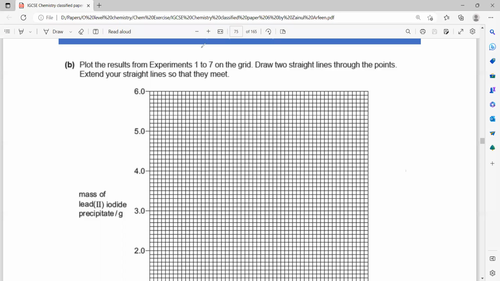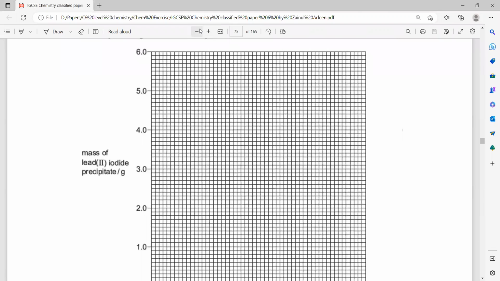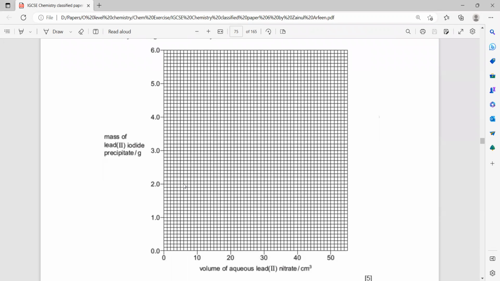Plot the results for experiments 1 to 7 on the grid and draw two straight lines through the points, and extend your straight lines so they meet each other. The volumes of lead(II) nitrate which we used were 16, 23, 29, 39, 44, and 48.